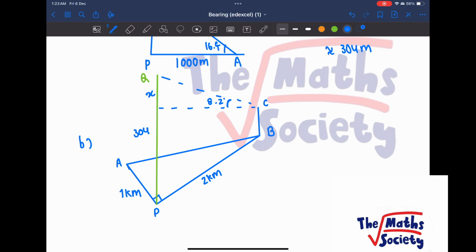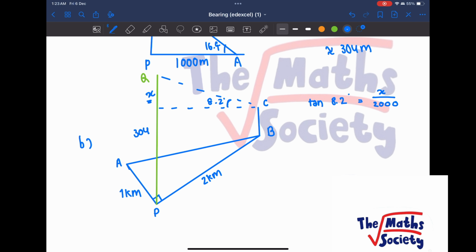So we have to find this little X first, which is going to be tangent 8.2 equals X by 2,000, because the length is 2 kilometers, which is 2,000 meters.